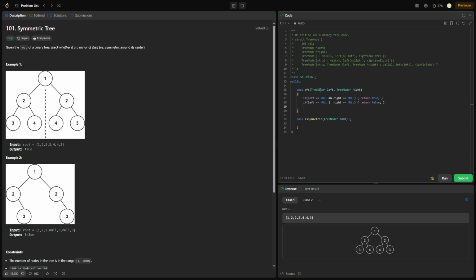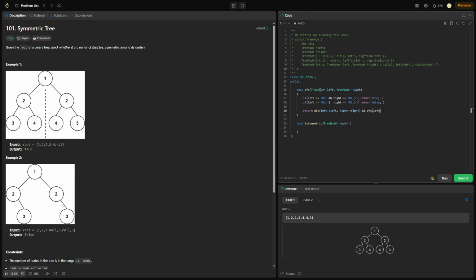Okay. So outside of those cases, right, we need to handle a few conditions. Okay. So let's see. When we're at this left subtree, right, if we go left, then on the right subtree, we should go right. Okay.